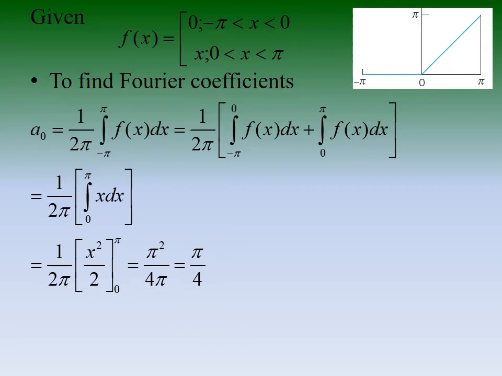So 1 by 2 pi integral from 0 to pi x dx. If you integrate x, it is x squared by 2, and if you substitute the limit 0 to pi, it is equal to pi squared by 4 pi, that is equal to pi by 4. So a naught is equal to pi by 4.